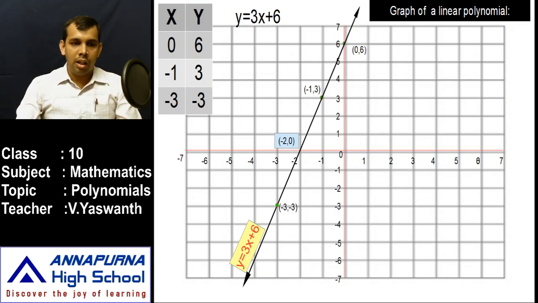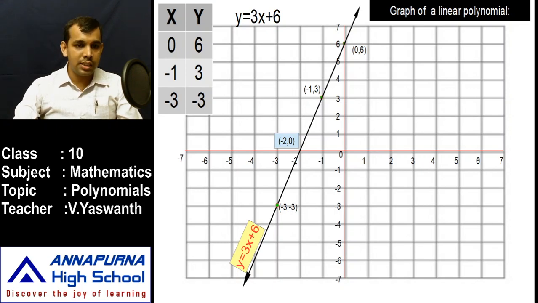And already in the previous section I told one thing. What is that? The values of y represent the values of the polynomial at the particular x value. Here, minus 1 comma 3 means the value of 3x plus 6 at x is equal to minus 1 is 3, and minus 3 comma minus 3 means the value of this polynomial at x is equal to minus 3 is minus 3.